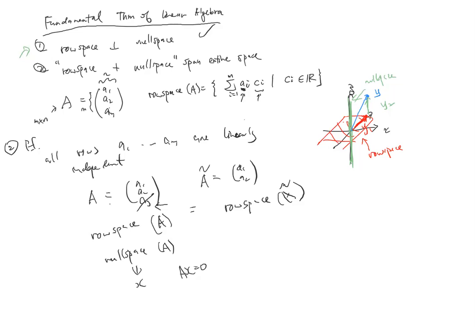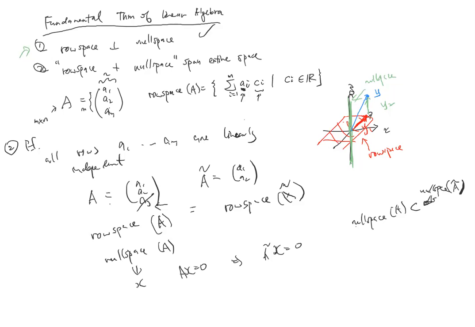Then Ax equal to 0 implies A tilde x equal to 0, right? So apparently the null space of A is inside the null space of A tilde.